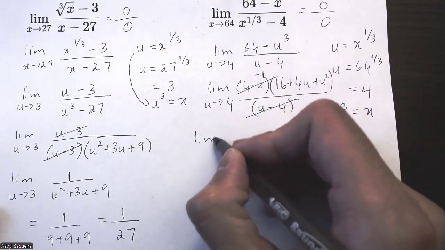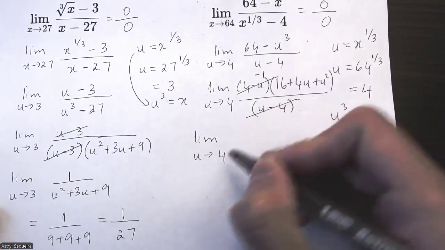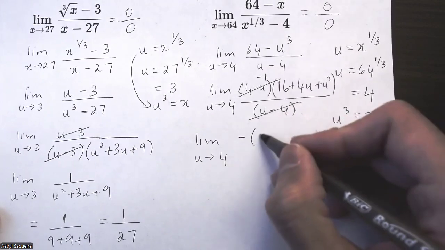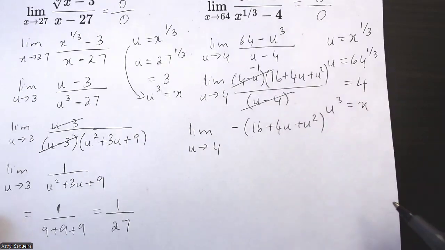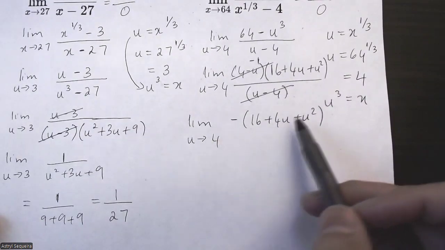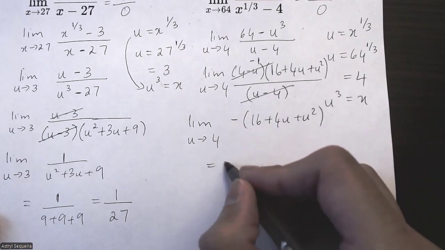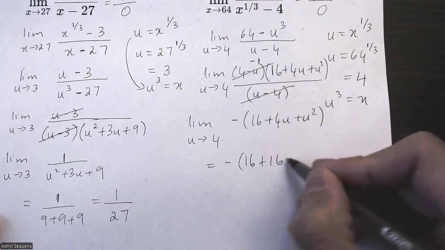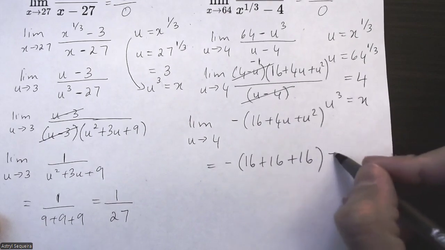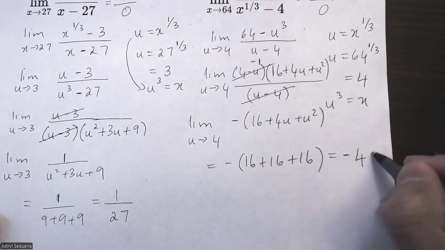So now I have the limit as u approaches 4 of negative 1 over 16 plus 4u plus u squared. And now that I've done my cancellation, I can sub in my limit. So I just have negative 1 over 16 plus 16 plus 16, which is just negative 1 over 48.